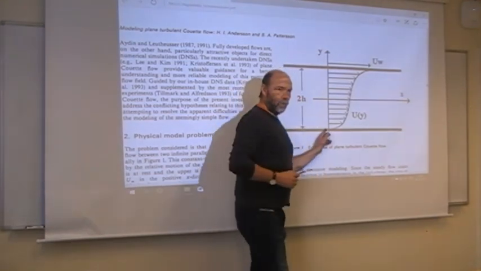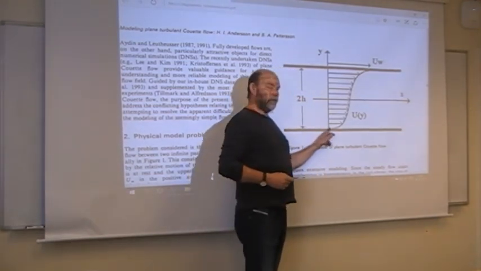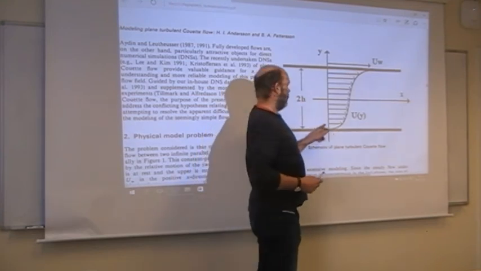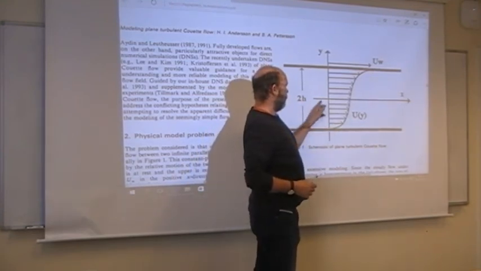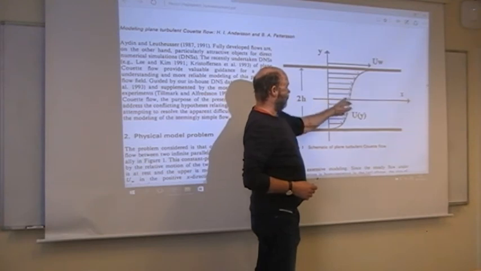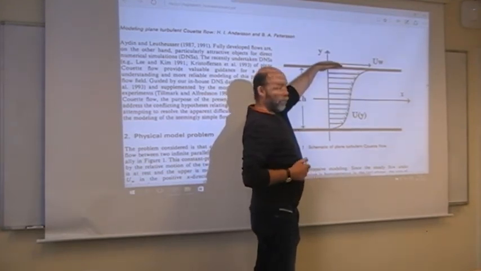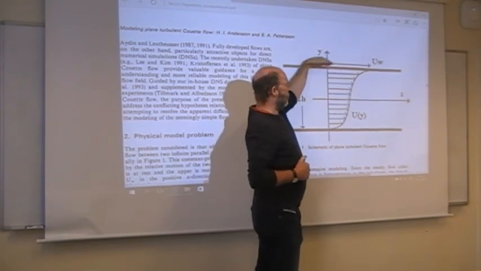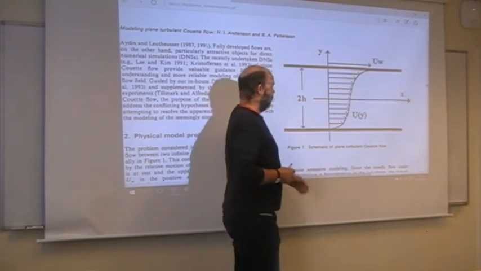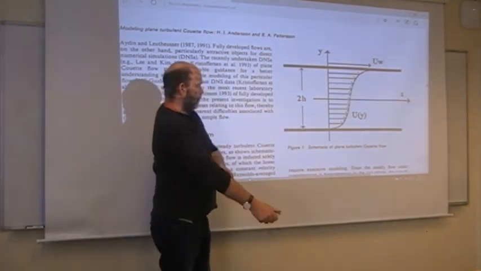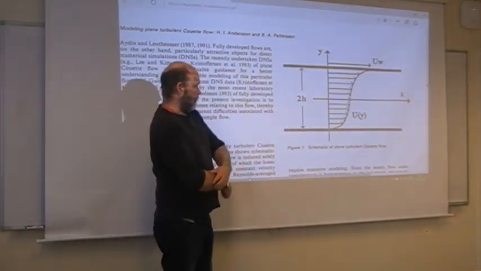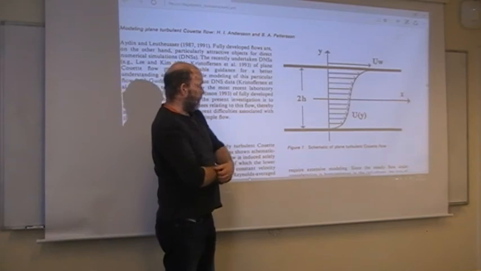There you find the wall shear stress. That one you don't know. Meaning you know the average velocity, you know the Reynolds number, but you don't know what force you need to achieve this flow. What force must you use on the top wall or the bottom wall as well to get the simulation running?